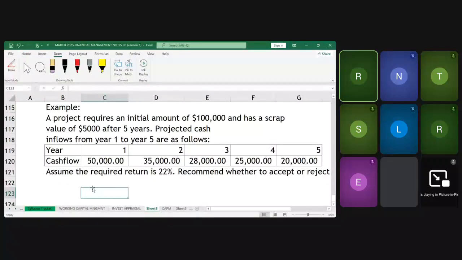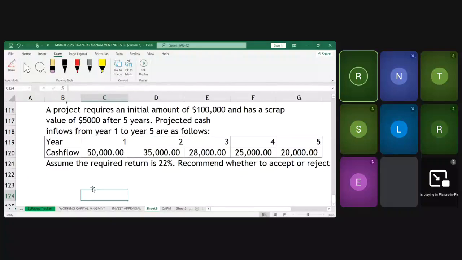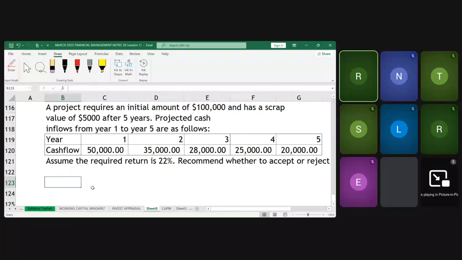The organization would require a project with minimum returns of 22%. So are we going to accept this project, or are we going to reject? What is key, first of all, is to find, number one, let's have the solution.